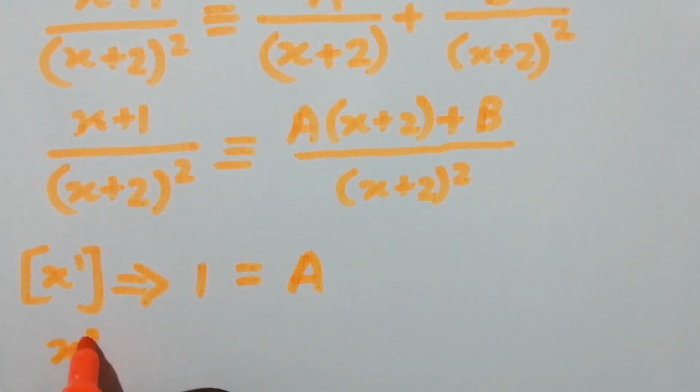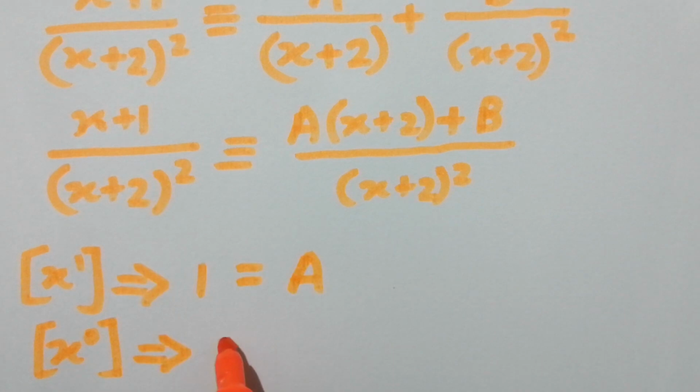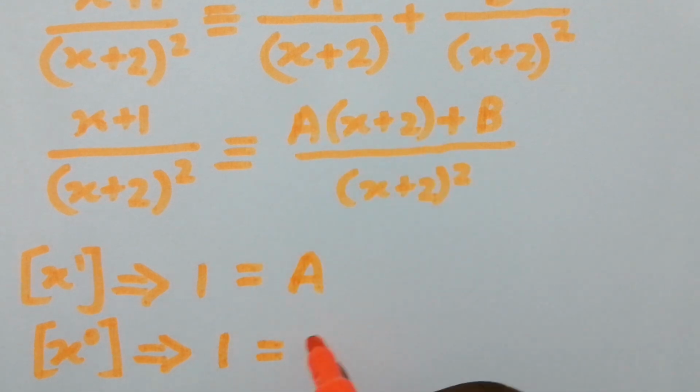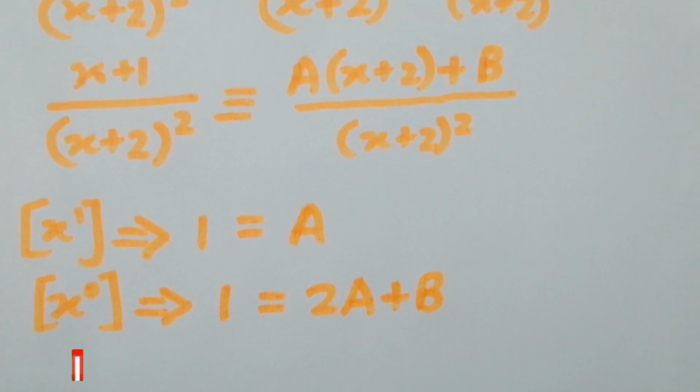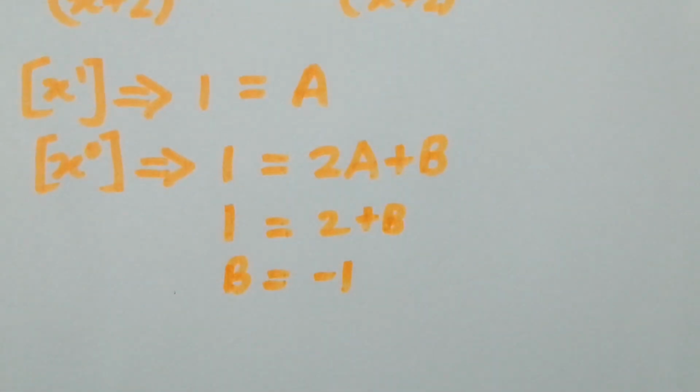Then by comparing the coefficient of the constant, here the constant is 1 equals 2A plus B. Then we have already found A is equal to 1. Then here 1 equals 2 times 1, 2, plus B. Then B will be minus 1.